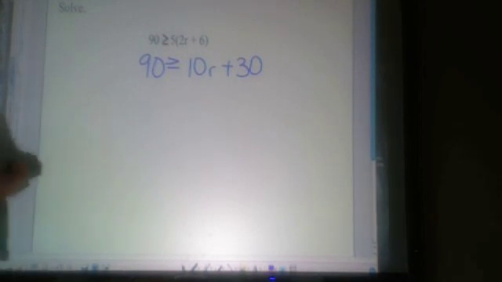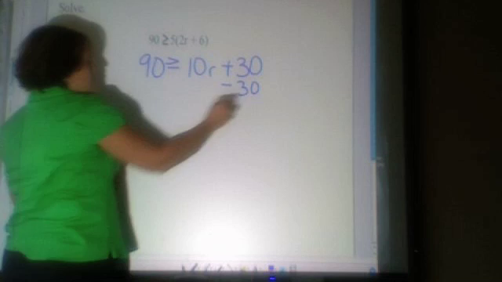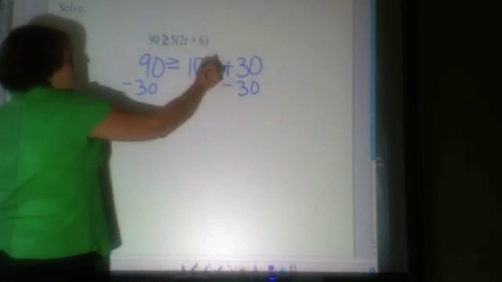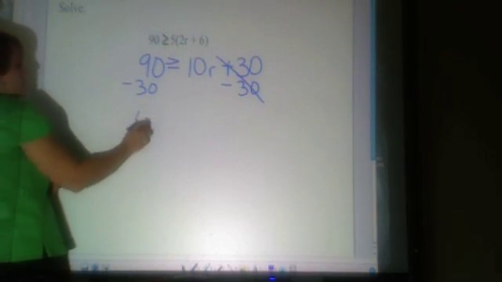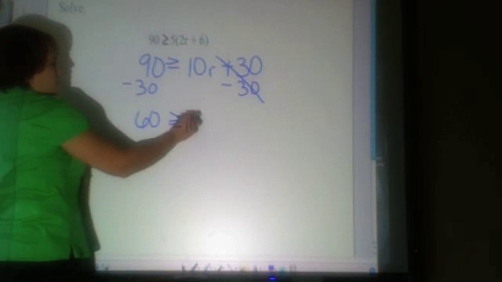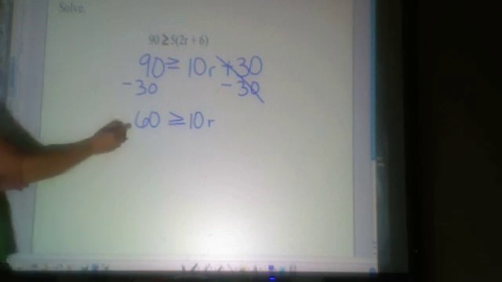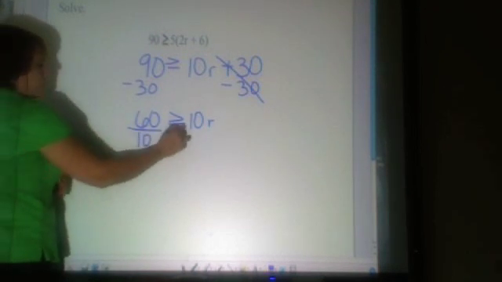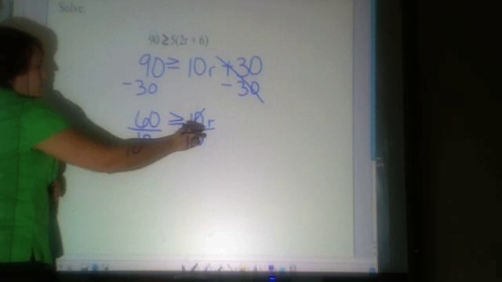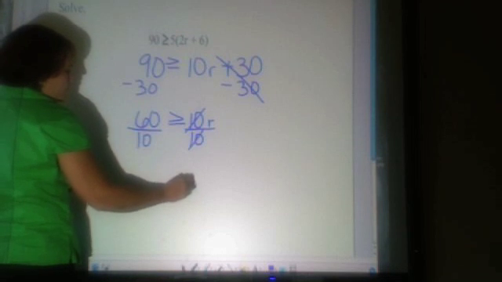Subtract 30 from both sides. Now what? Divide by 10. Divide by 10. Okay? Because 10 is what's multiplied by R.